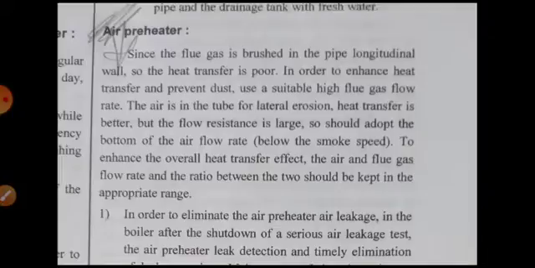The air is in the tube for lateral erosion. Heat transfer is better, but the flow resistance is large. So we should adapt the air flow rate to enhance the overall heat transfer effect. The air and flue gas flow rates and the ratio between the two should be kept in an appropriate range.